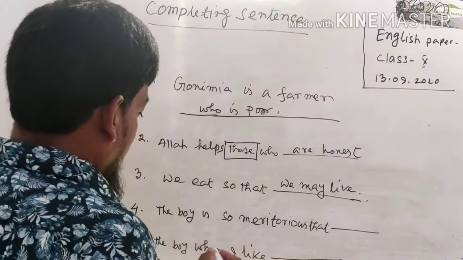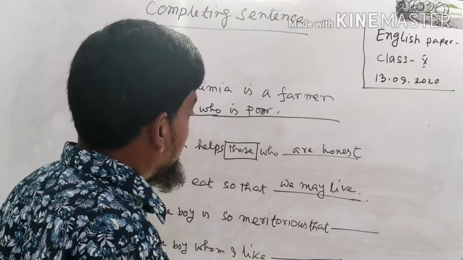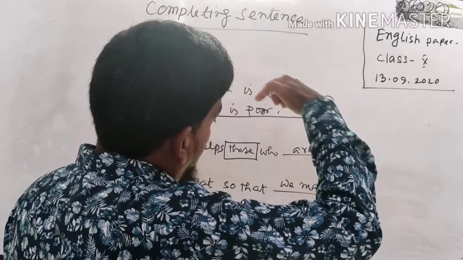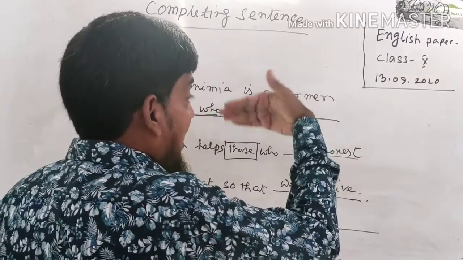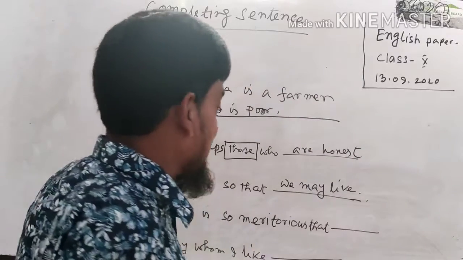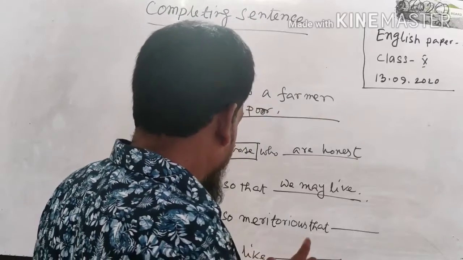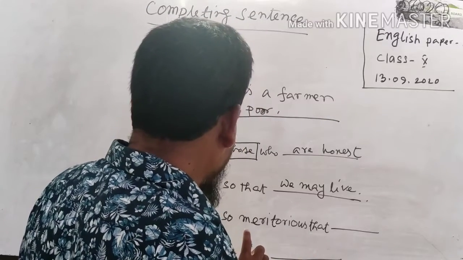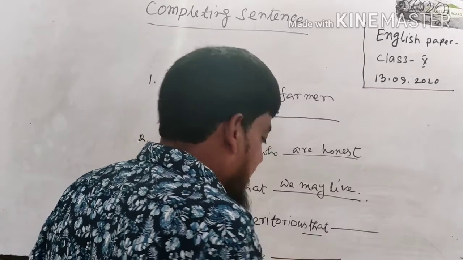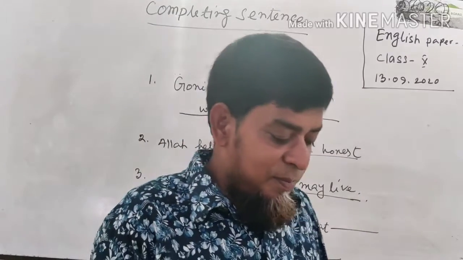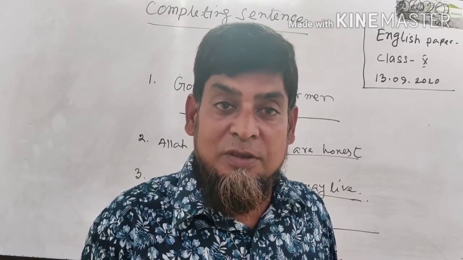Number four: The boy is so meritorious that, my dear student, I wrote a structure on the whiteboard where "so that" is followed by a negative verb, cannot or could not.